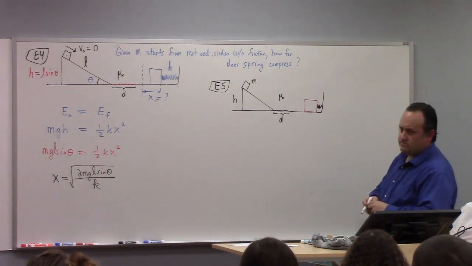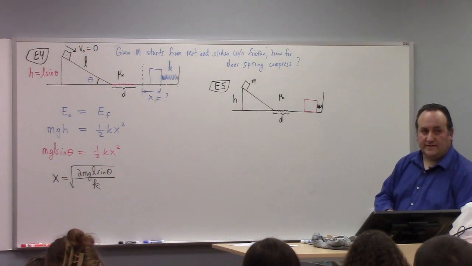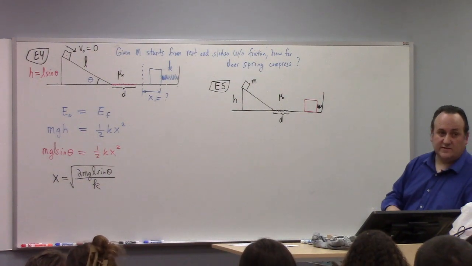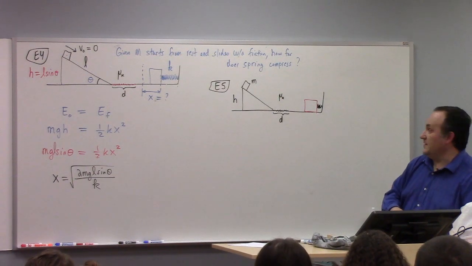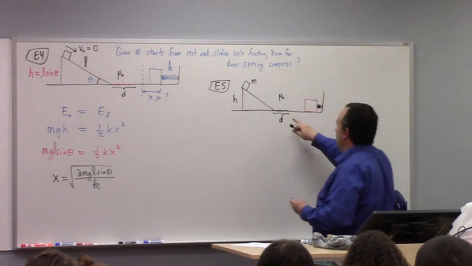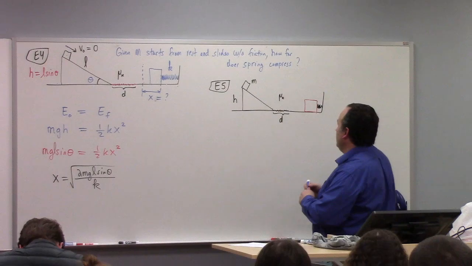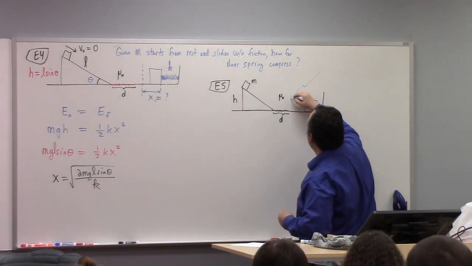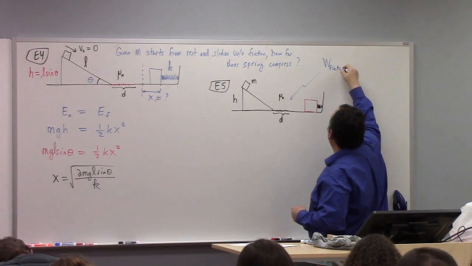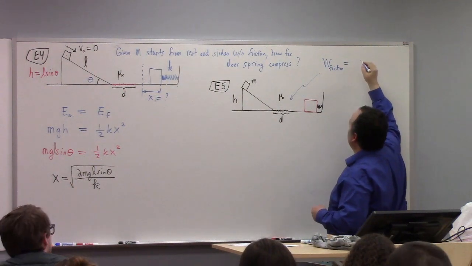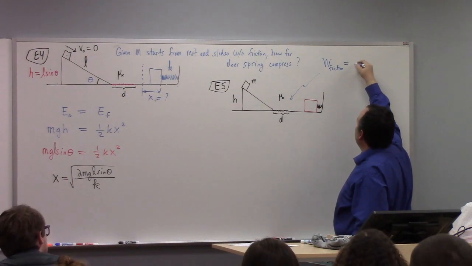Now, first of all, it's not at all clear, unless I put numbers in, that it even makes it to the spring. What is the work done by friction as the box travels over this part right here? So what's the force?